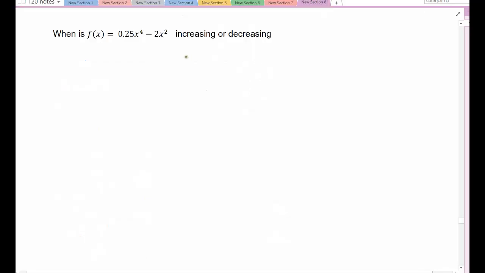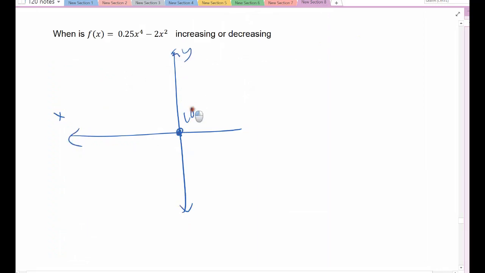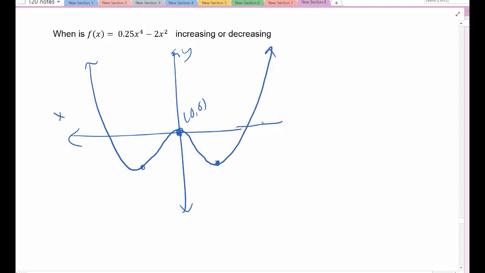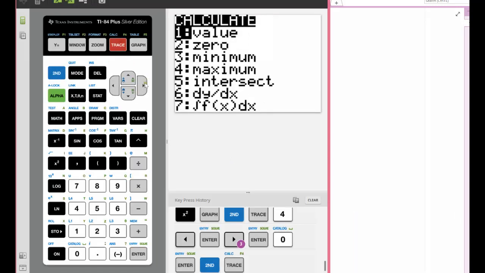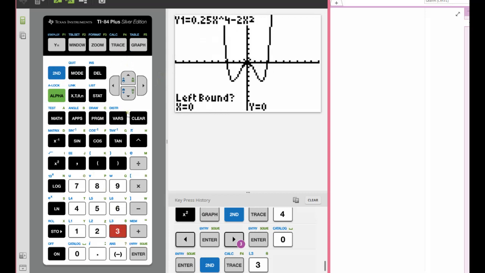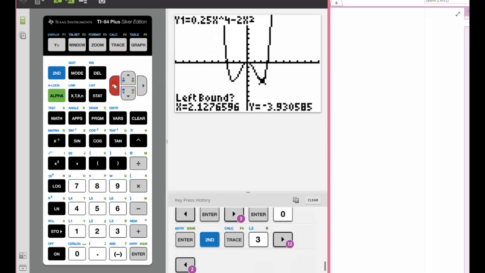Alright, so drawing this out. My maximum here is at 0, 0. There's a minimum and a minimum I have to find. And I'm only going to find one of them, because like I said, the other one, you can look at yourself, but I'm just going to find one of my minimums. So second trace, 3. Oops, too far.